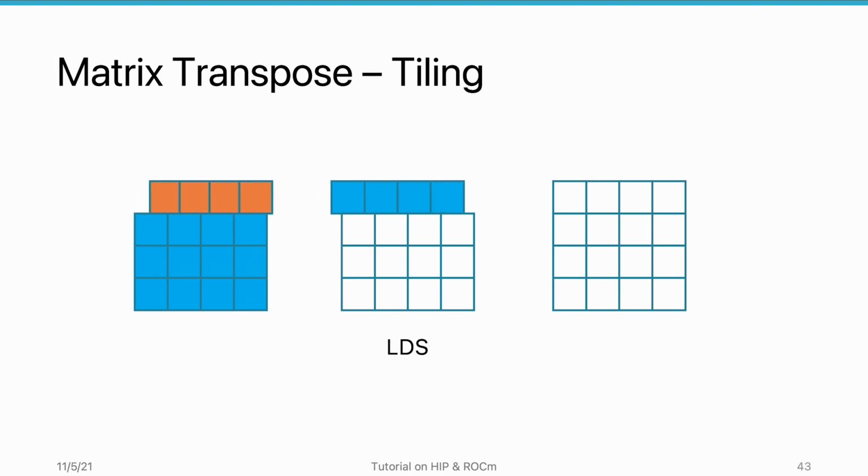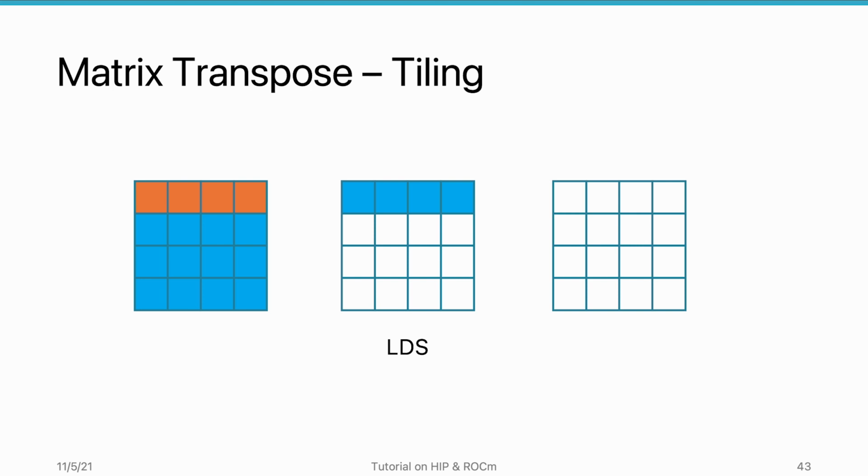As we load data, we load first the row and we write into LDS. Remember, only reading and writing the main memory will have a coalesceable effect. LDS is implemented in SRAM, so it's not cached, so there's no coalesceable effect. Accessing any element in LDS is fast.